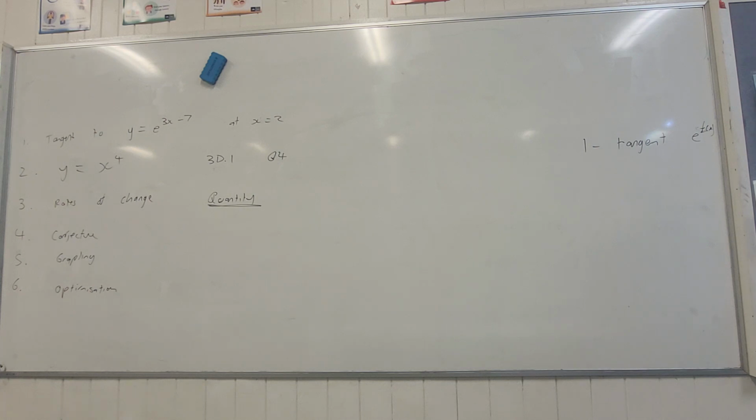Consider the function shown below. Its stationary points are at B and D, and these are their x coordinates. Its inflection points are at A, C, and E, and they've got those x coordinates. Okay, when is the function increasing? When it's got positive slope.